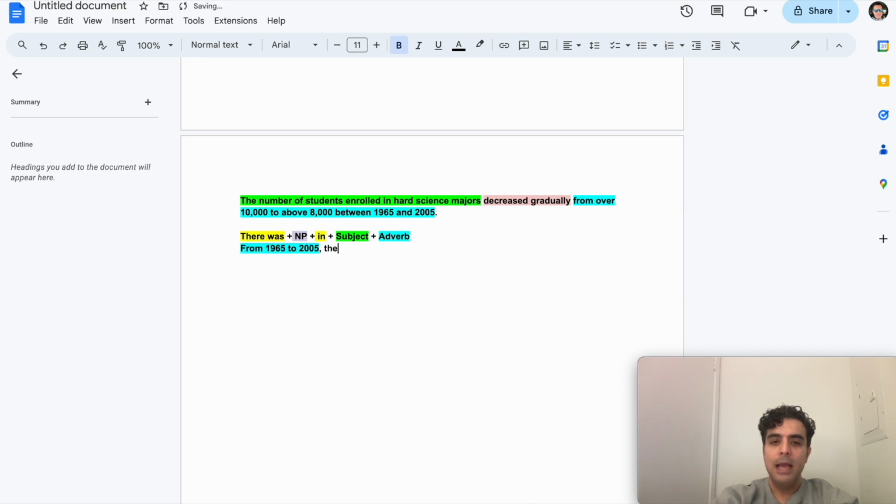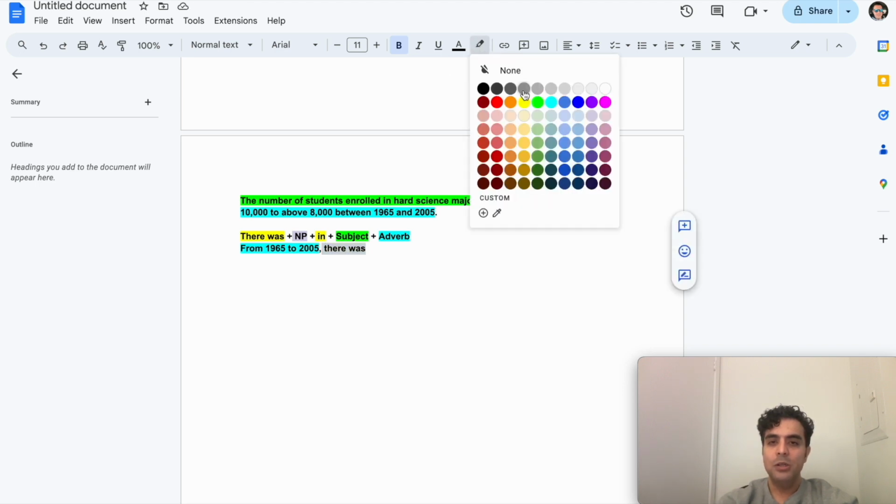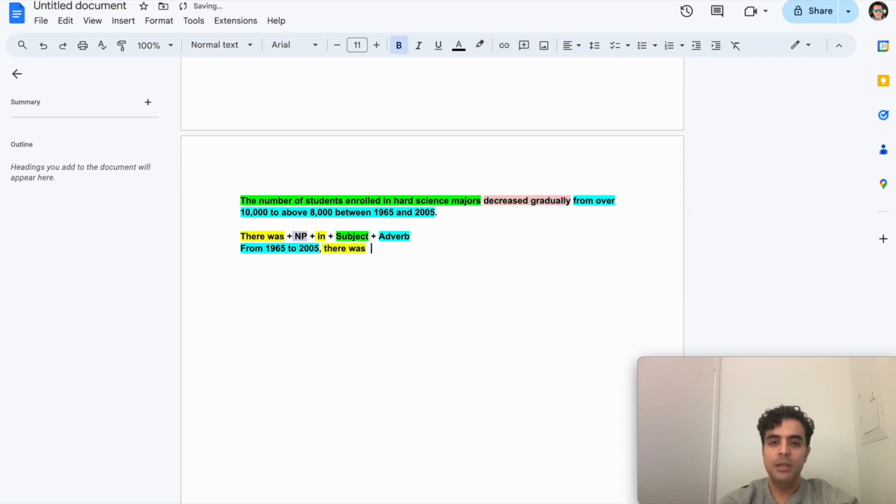Then I'm going to say there was, right? This is the fixed expression. This is yellow. It's just something that we need to repeat in the structure. There was, and now I have to mention what it was. So here we had decreased gradually. So I have to come up with a noun. I could say decrease, fall, decline.